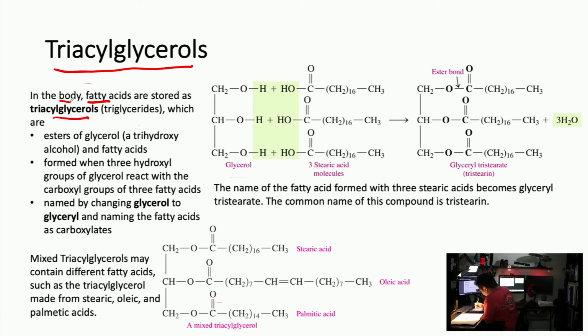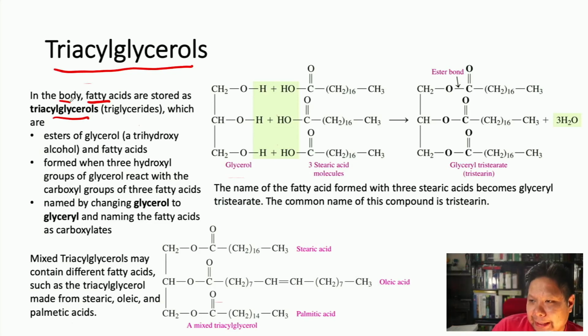I was actually taught when I was in chemistry that they were called triglycerides, and we call them also triacylglycerols, because three fatty acids are being held together with a glycerol.